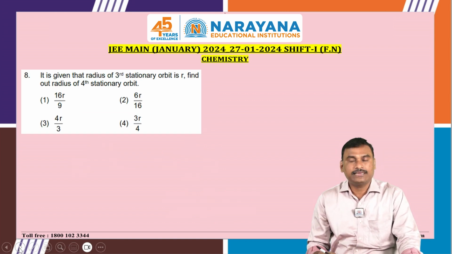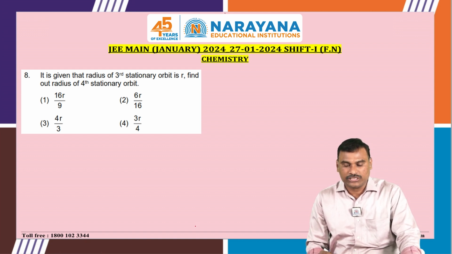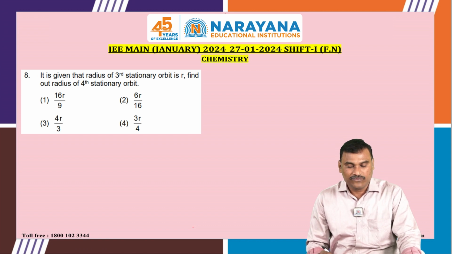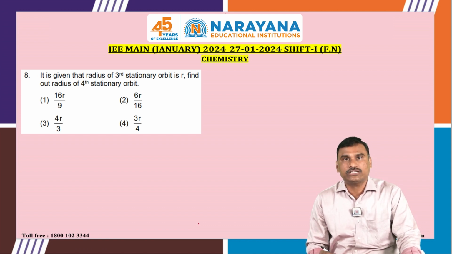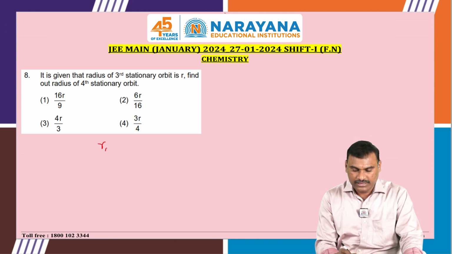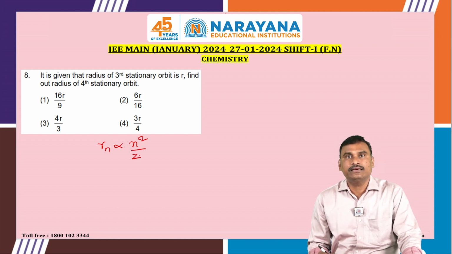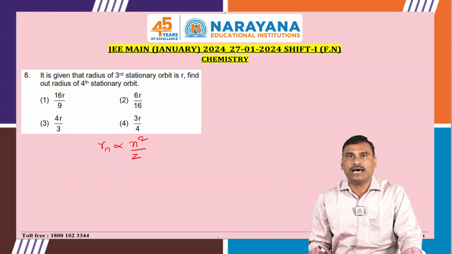Eighth: given that the radius of the third stationary orbit is r, find out the radius of the fourth stationary orbit. Already you know, Rn is directly proportional to n square by Z, where n is the orbit number, Z is the atomic number, and r is the radius of the orbit.